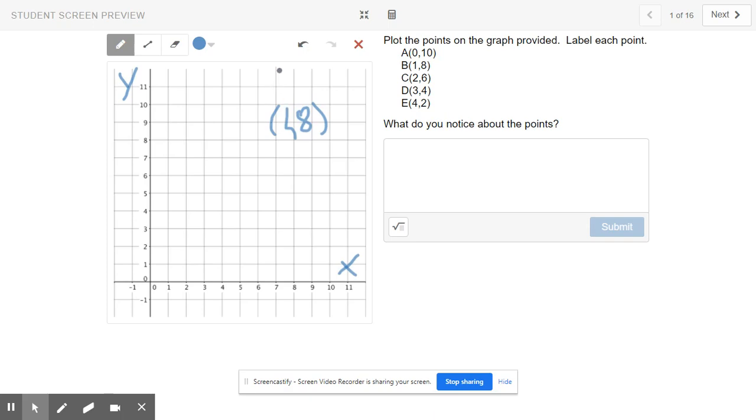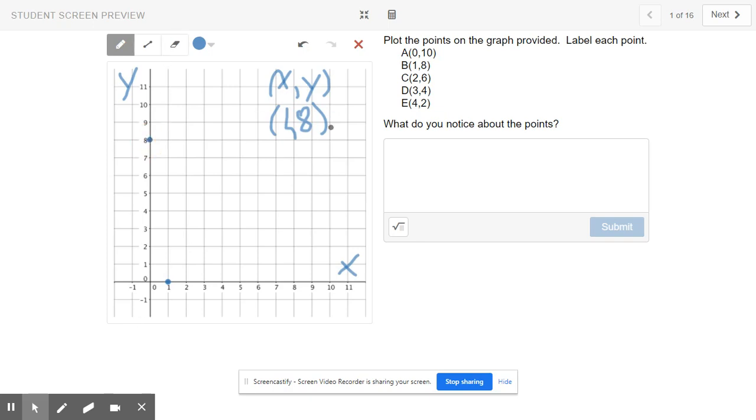So in this case, when x is equal to 1, y is equal to 8. And so the way we would plot this is we're going to go to 1 on the x-axis. So I know I'm going to be looking at the 1, and I know that we're looking at 8 on the y. Okay, so I'm going to put a little dot here.